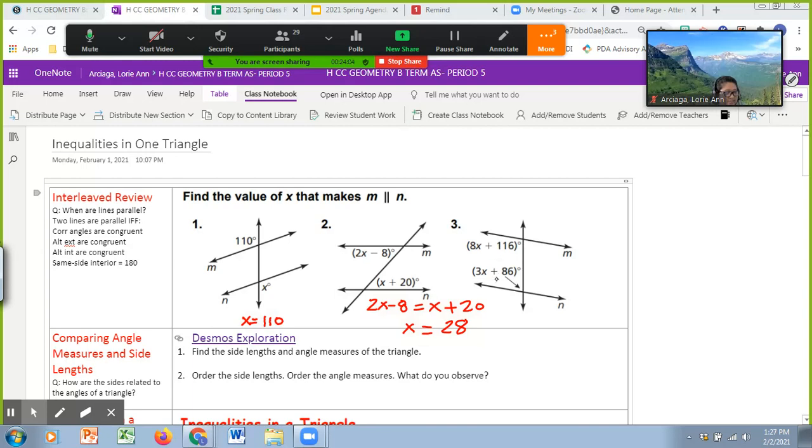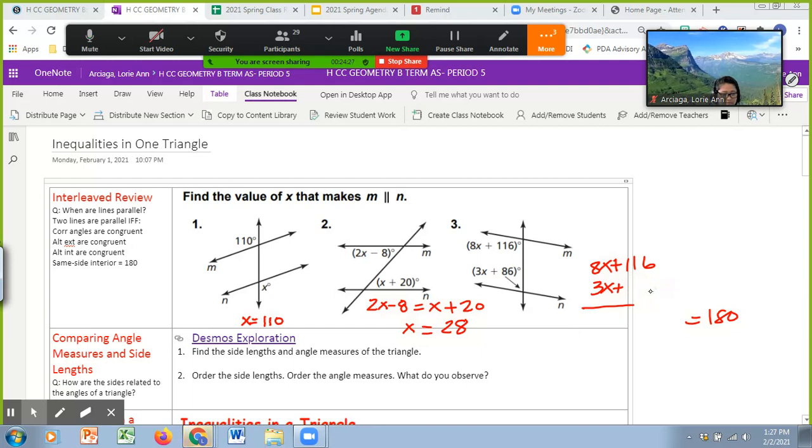Okay, next one. These are same side interior angles. So, how do you get started? It says same side interior must be supplementary. So we have to add them up, right? Okay, and whatever the answer is, you have to make that equal to 180. I should have lined them up properly, huh? My bad.